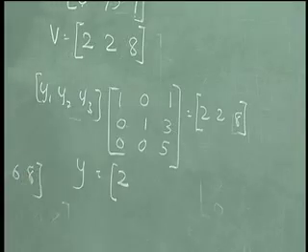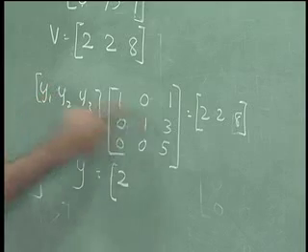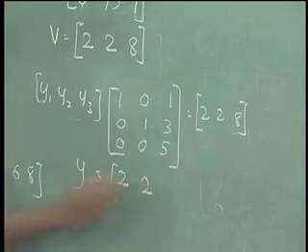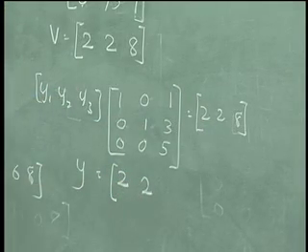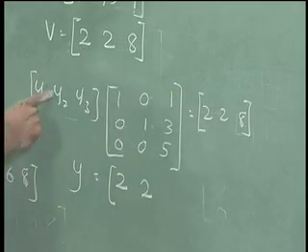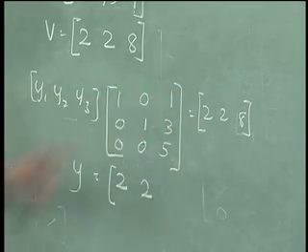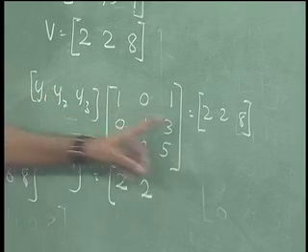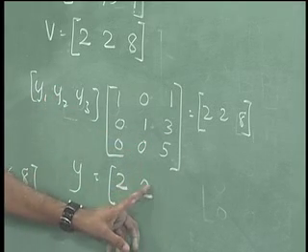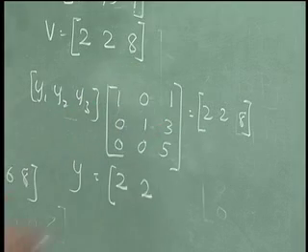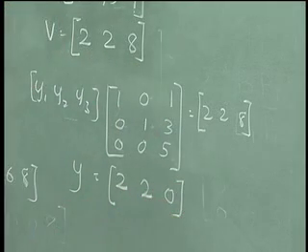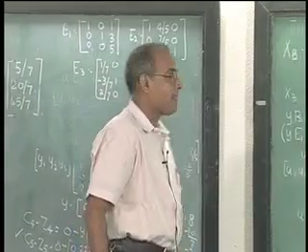So, y1 is 2, 0 y1 plus 1 y2 plus 0 y3 is 2. So, y2 is 2. This alone is y1 plus 3 y2 plus 5 y3 is 8, y1 is 2, 3 y2 is 6, 6 plus 2 is 8, y3 therefore is 0. 2, 2 and 0 is the value of y.